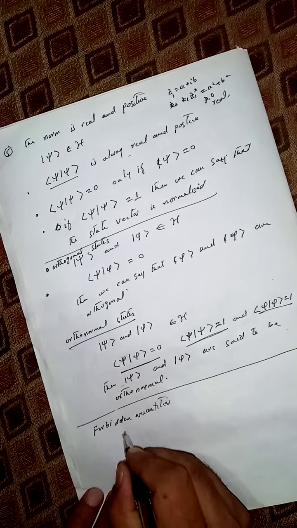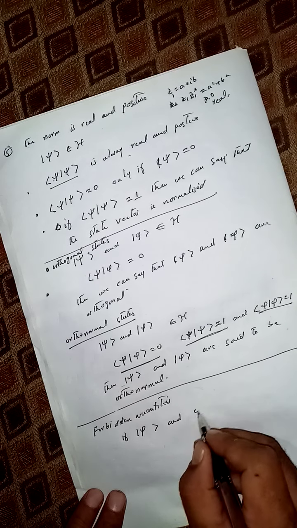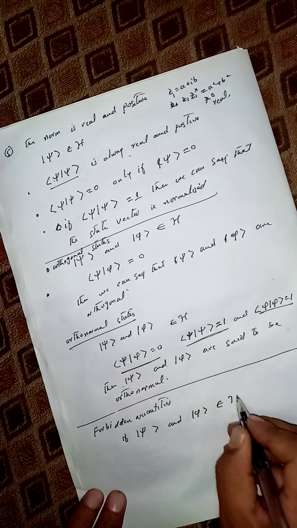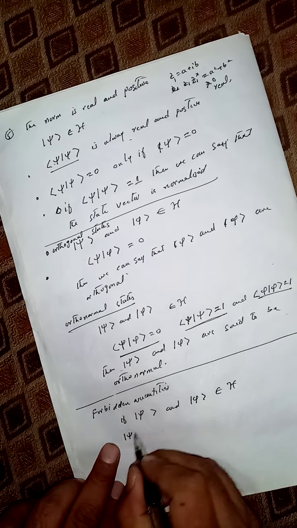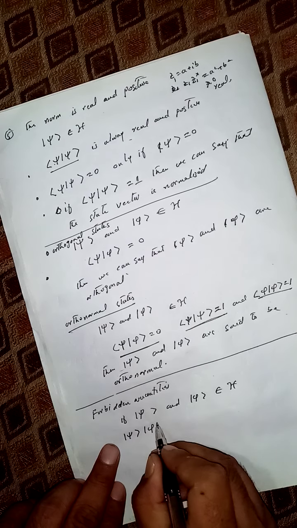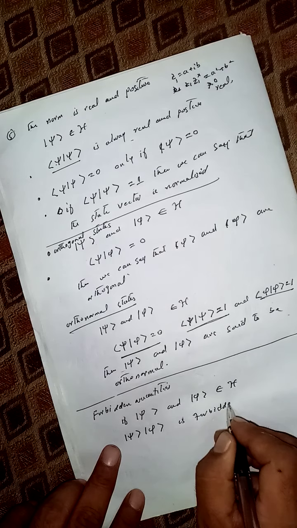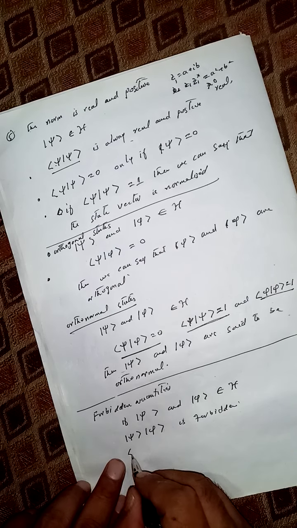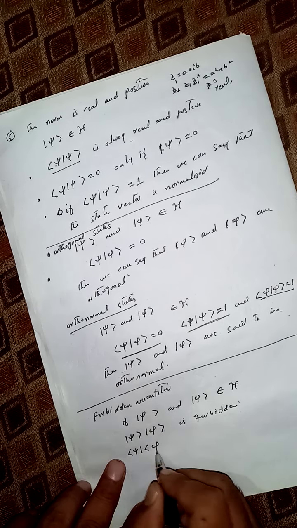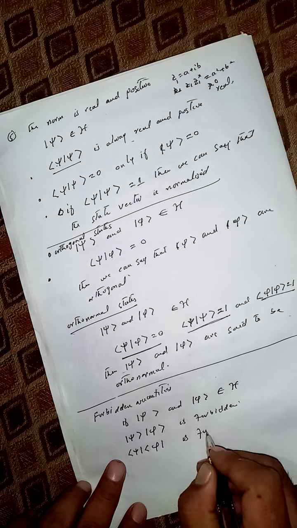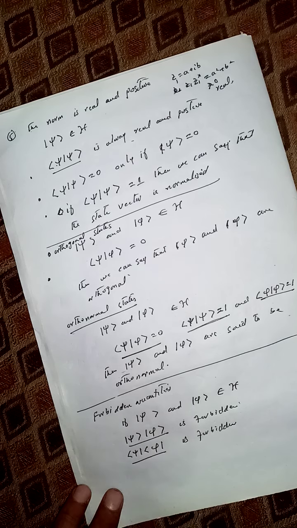If psi and phi belong to the same vector space, then the product psi phi is forbidden, and also the product psi phi written the other way is forbidden, because this product is neither a ket nor a bra.